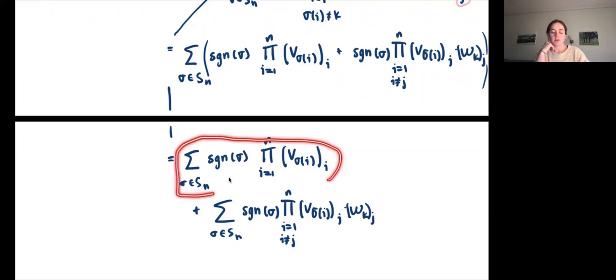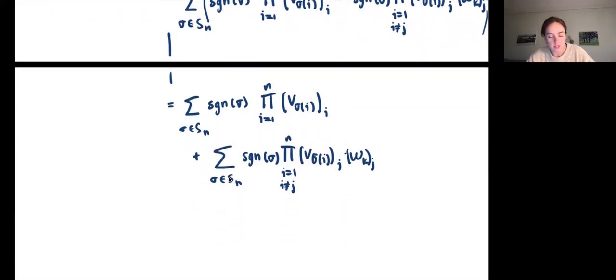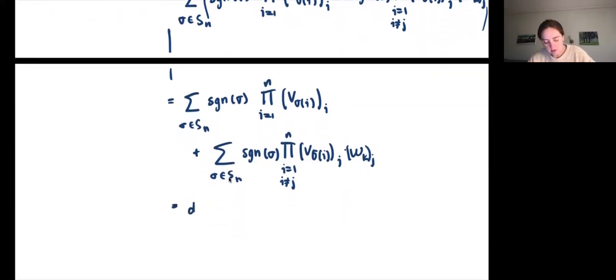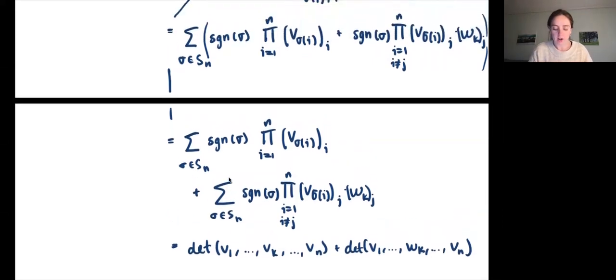This is the determinant of the v's plus the determinant of mostly v's, but in the kth coordinate we have w. So this is det of v1 up to, and in that coordinate we'll have vk, up to vn, plus the determinant of v1 up to wk up to vn. Okay, so that was the other half of what we needed to show for multilinearity.